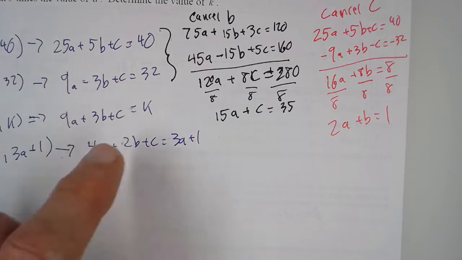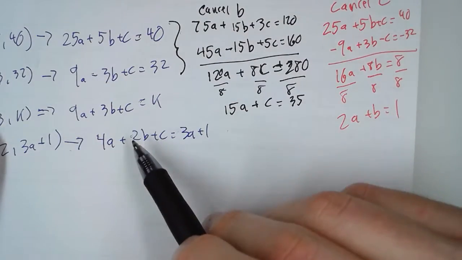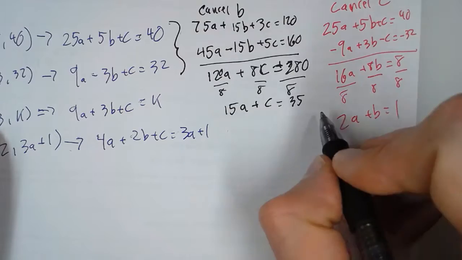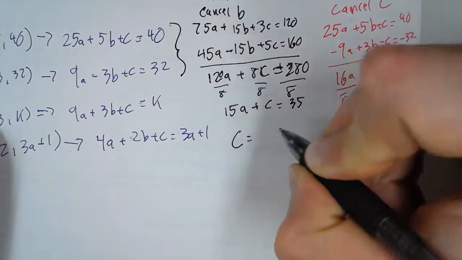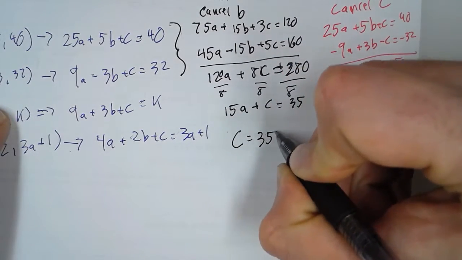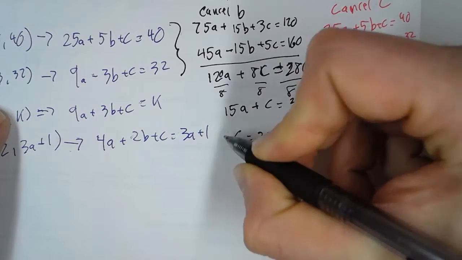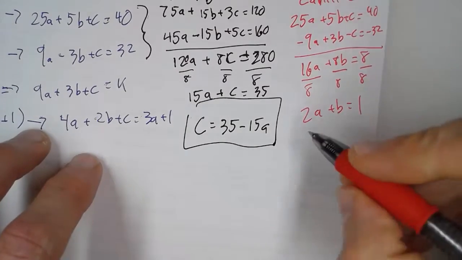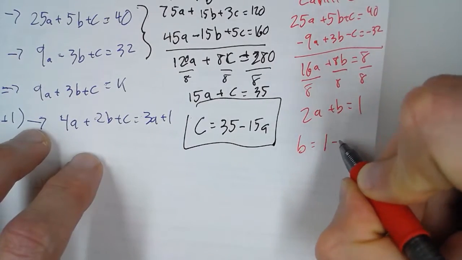Now I want to substitute out b and c for values of a. I take this equation, and if I subtract the 15a to the other side, I get c equals 35 minus 15a. That's crucial, so I'm going to put a box around that. Here, b is going to be 1 minus 2a.